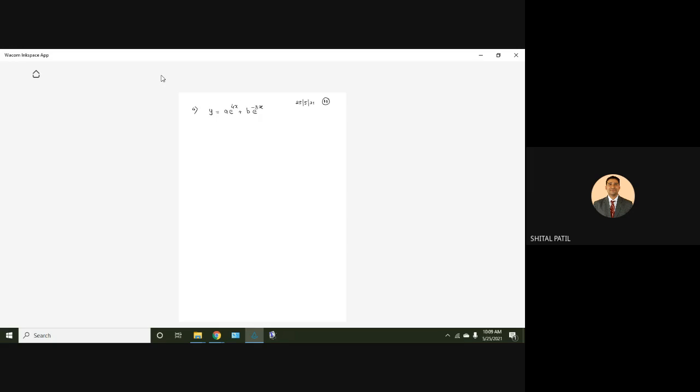Okay, so two arbitrary constants. Therefore differentiating twice with respect to x.